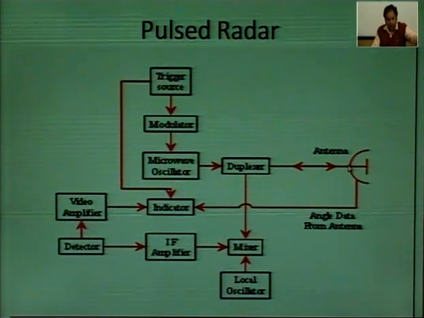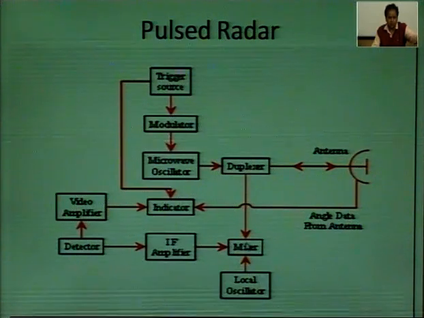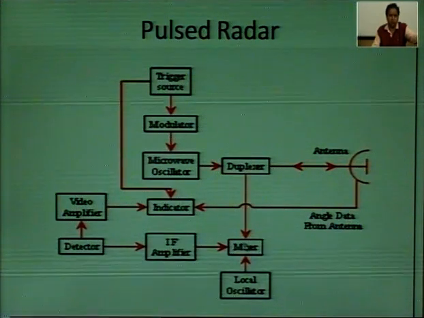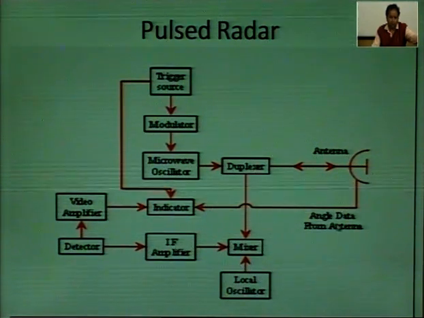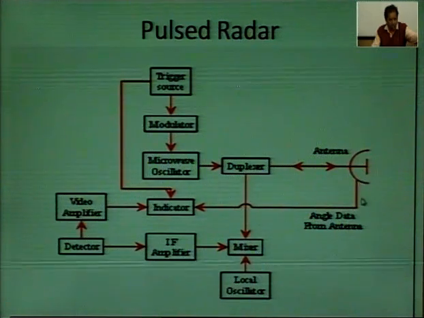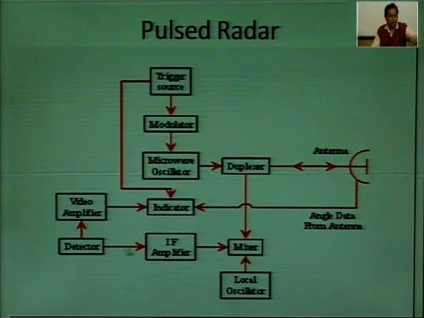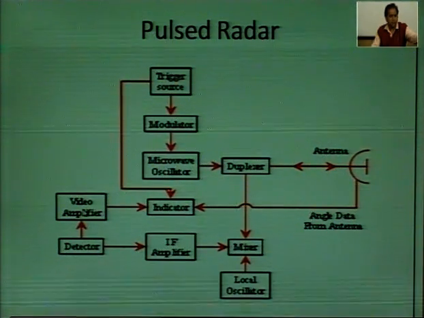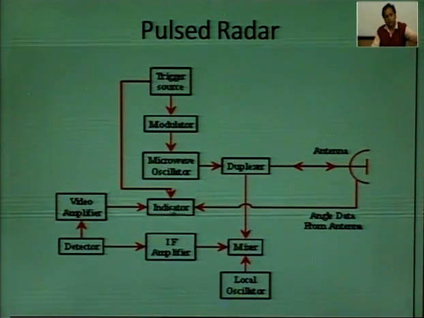Here the received signal comes to the duplexer, then to the mixer. Here we have the local oscillator. The combination of these two generates IF. Now, the angle is obtained from another feed we get from the antenna. The IF signal is fed to the detector and it goes to the video amplifier. After video amplification, it is given to the indicator.